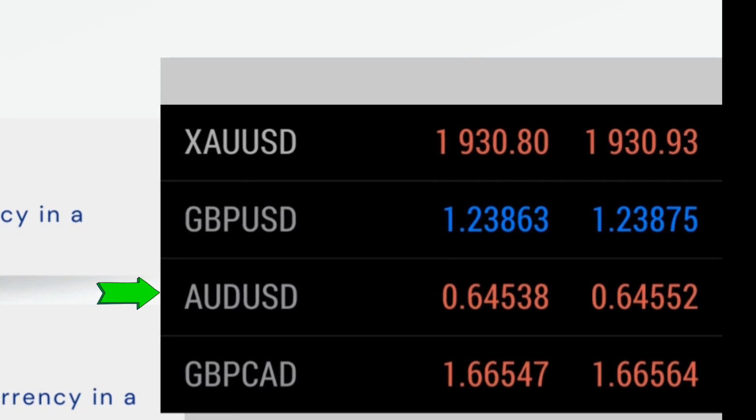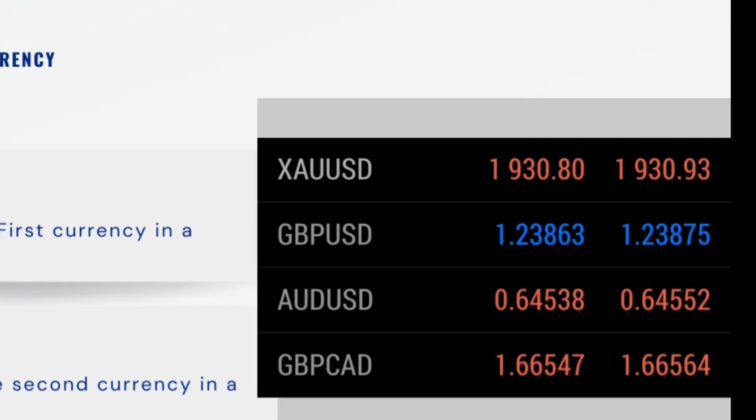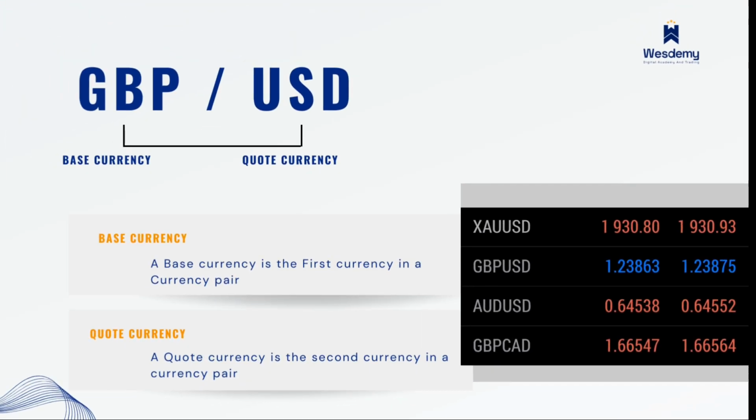We have the Australian dollar, the AUD, against the US dollar. So here the AUD is the base currency and the USD is the quote currency. And then we have the Great Britain pound against the Canadian dollar. So the Great Britain pound here is the base currency, and the Canadian dollar is the quote currency. That's clear enough. Let us keep on going.